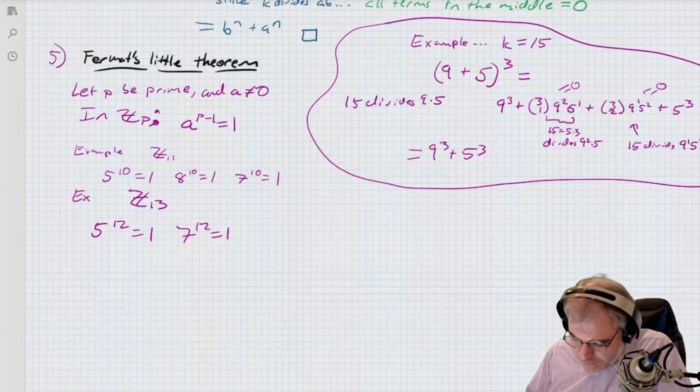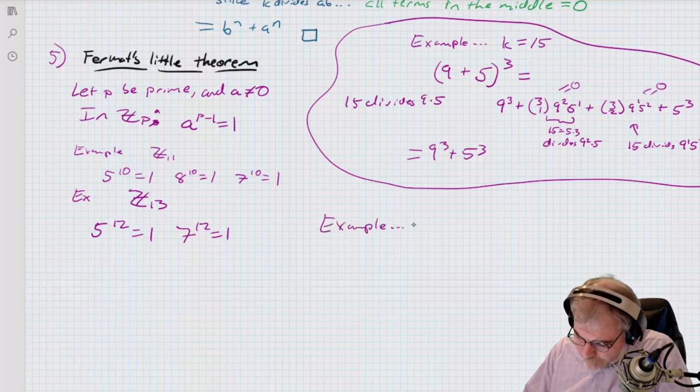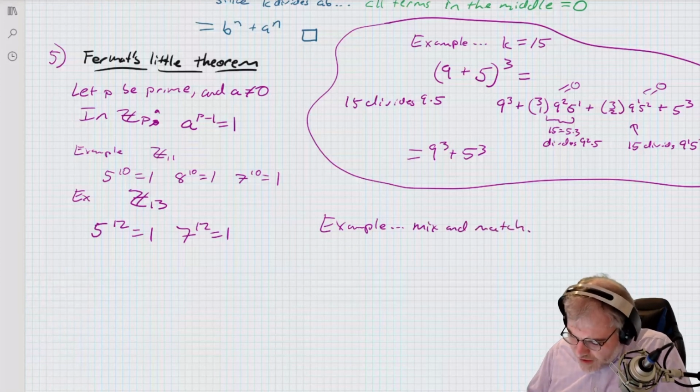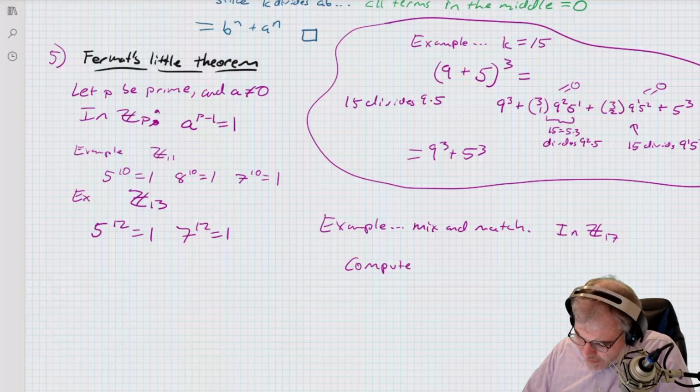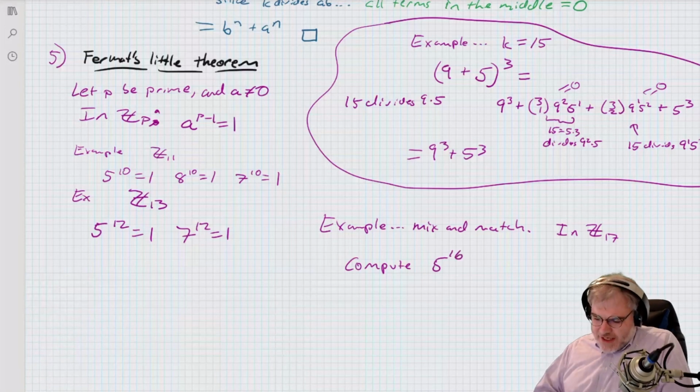So suppose I want to compute, in Z17, let's say I want to compute 5 to the 16.